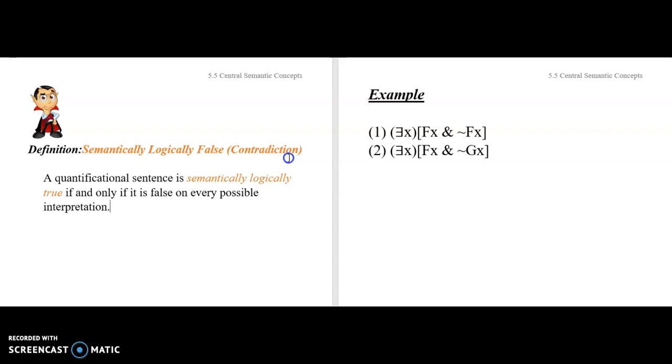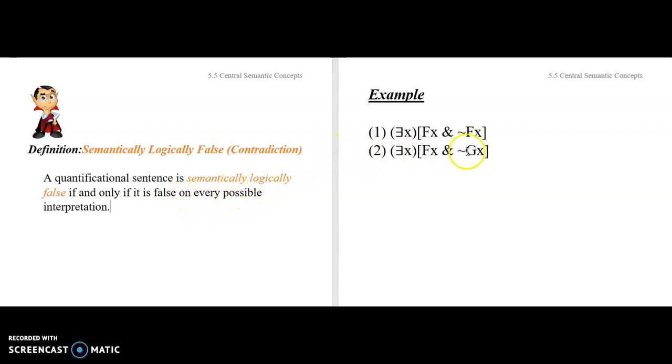It couldn't possibly be true, right? Same idea here, all right? So a quantificational sentence is semantically logically false if and only if it is false on every possible interpretation, okay? If and only if it is false on every single one of them. So it follows the exact same structure as the logical truth that we just looked at.